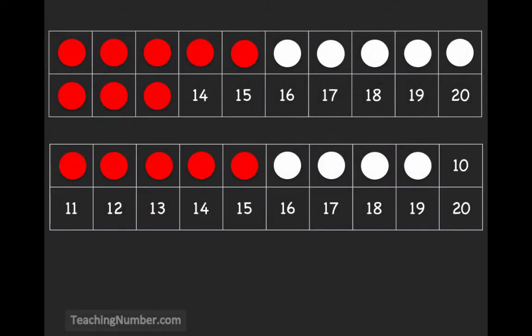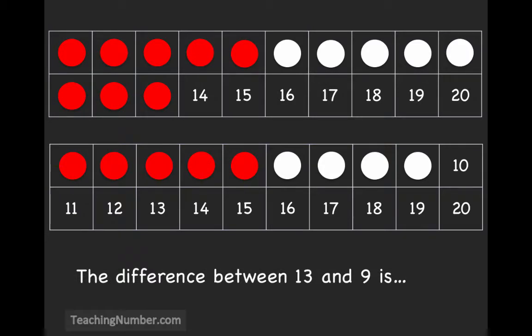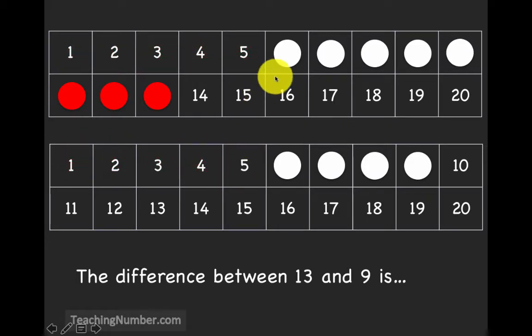Now we have 13 in the top MathRack number grid and 9 in the bottom MathRack number grid, so we are looking for the difference between 13 and 9. Again, let's take out the 5 that are the same, and now we have 4 more counters that are the same. Let's remove those.